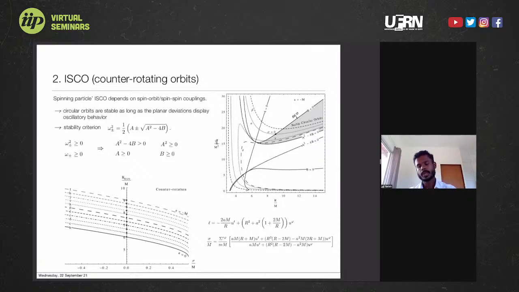We do this because the circular orbit can be defined with three simple parameters: orbital angular momentum, spin angular momentum, and the radius. Therefore, we plot radius versus angular momentum here.